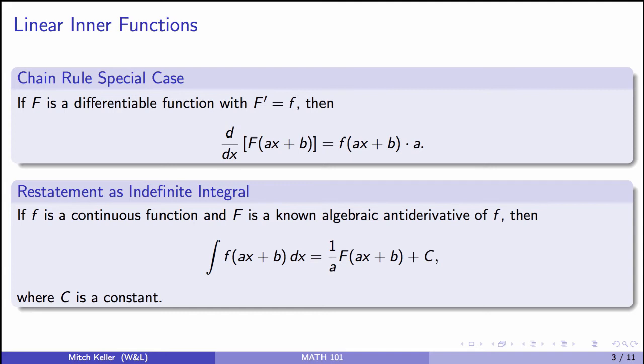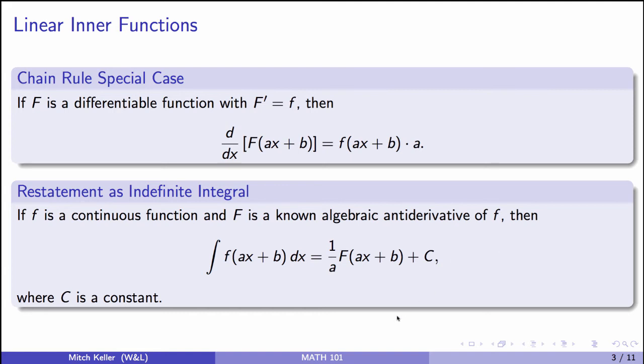Then, if we want the indefinite integral of f of ax plus b with respect to x, that's just 1 over a times big F of ax plus b plus our constant of integration.